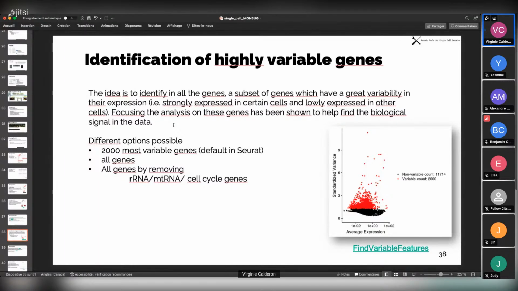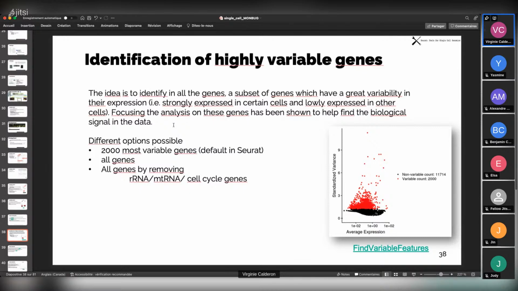Or you can do it by removing bias in your experiments. For example, if you know that the ribosomal level is really high, or that you still have mitochondrial RNA, or that the cell cycle is highly present in your dataset, you can remove this from the list.